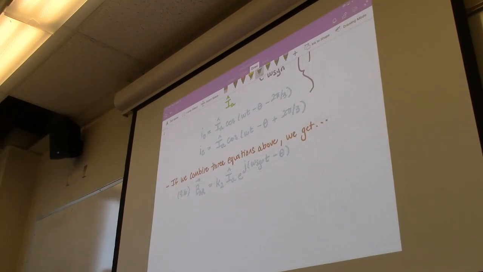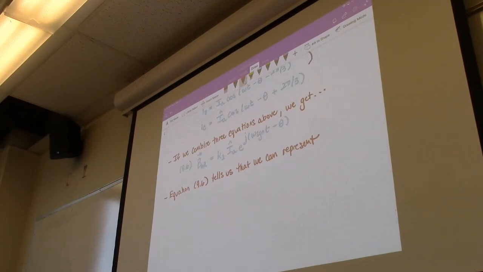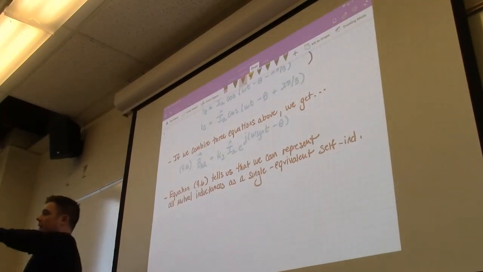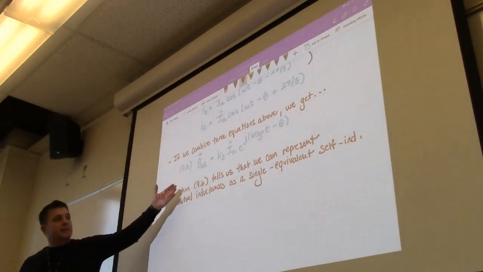And so using these equations, we can represent all of the mutual inductances between phase A and the other phases in a decoupled manner as this single self-inductance.